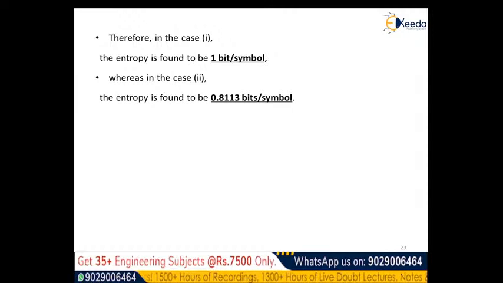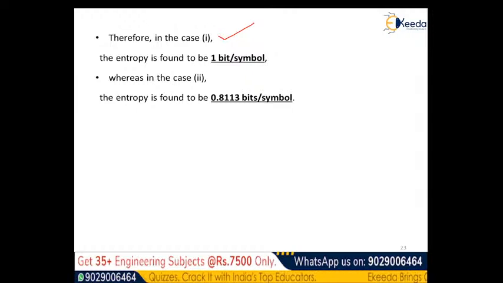So in case 1 we had the entropy found to be equal to the value 1 bit per symbol, whereas in the just previous case, case number 2 of non-equiprobability, the entropy is found to be the value 0.8113. Now you compare the two, which one is greater? The entropy that we have obtained in case 1 is the greater.